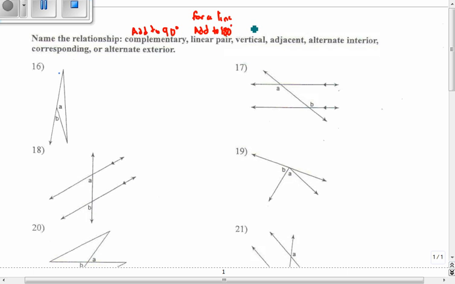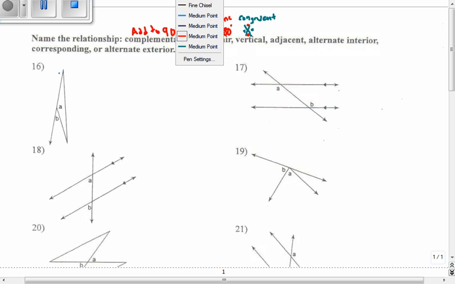All right, vertical angles are across the x from one another. They are what? Congruent. Alright, adjacent.